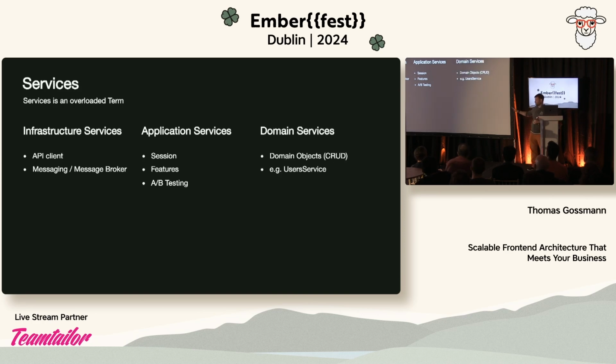Then there are domain services, like the user service I showed you before, that contains methods to create, delete, update, and so forth. Sometimes these domain services live in our code base and consume memory because they are instantiated right from the get-go and then never used. So it's a lot of memory wasted.